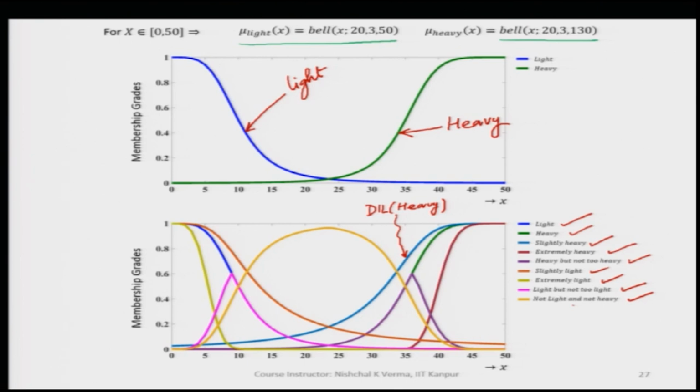Like that we can find any suitable composite linguistic terms by using the primary terms, hedges and connectives, and this way we can get a lot of composite linguistic terms. This is how we get all these composite linguistic terms using the primary linguistic terms, hedges and connectives.